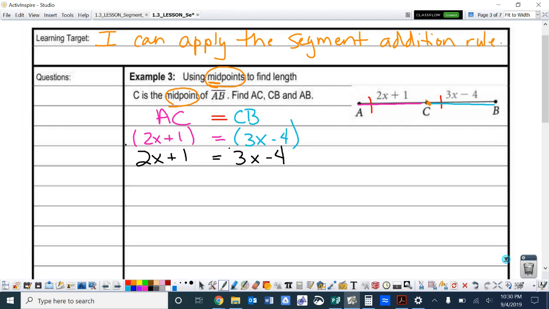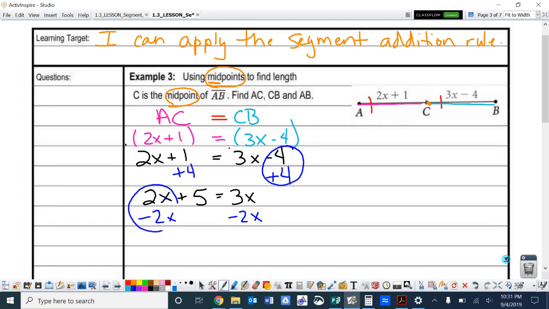Negatives are always smaller than positives. And if I add 4 to both sides, let's see what we have. Bring the 2x down. 1 plus 4 is 5. And bring the 3x down. Great. I still have x's on both sides, and 2x is smaller than 3x. So if I subtract 2x from both sides, I have 5 equals x.